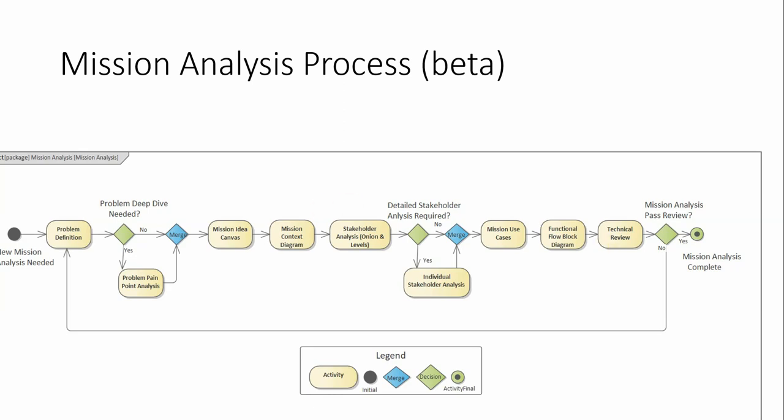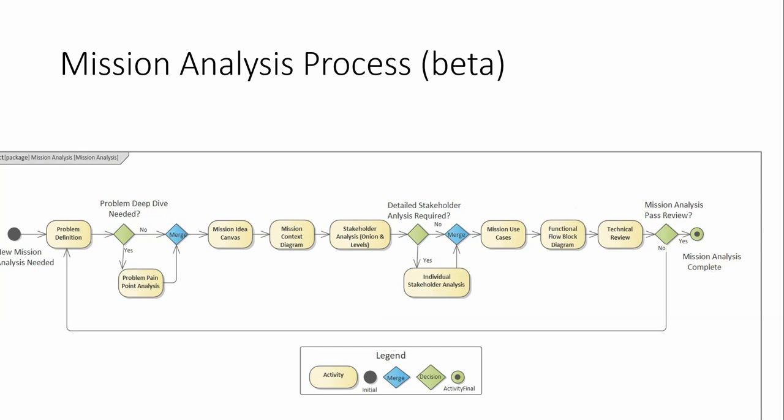We have mission analysis use cases, a functional flow block diagram, and then the technical review. So the idea is these would be an iterative process. I fill these out with the team, single lead engineers filling this out. They get to the end, they do a technical review. If it passes, yes, then the mission analysis is complete. And that would set up the later ConOps, which would then go into user needs and system level design.